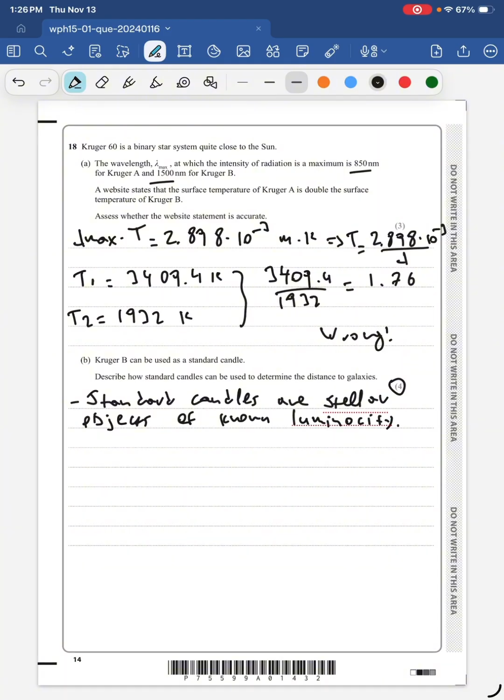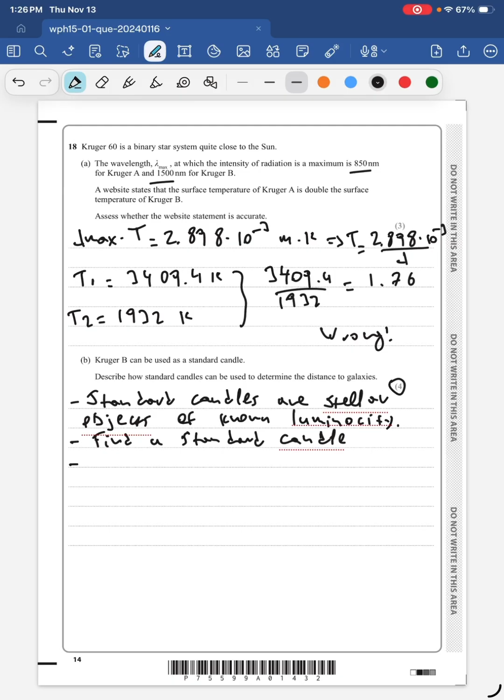Okay, you have to find a standard candle. And then once you find a standard candle, since you know the luminosity of that object, you can measure the intensity of radiation received from that celestial object here on Earth.